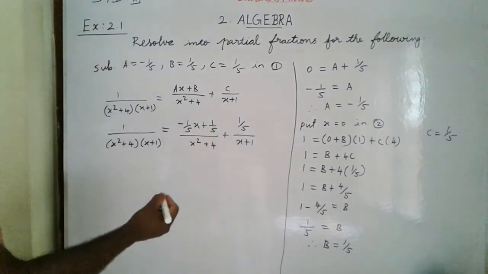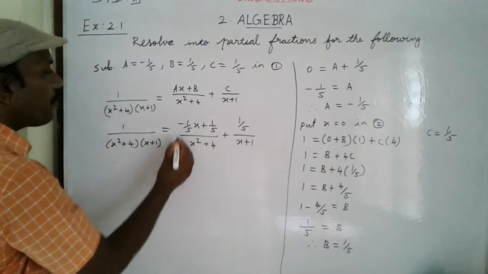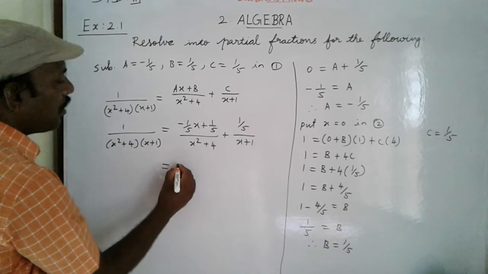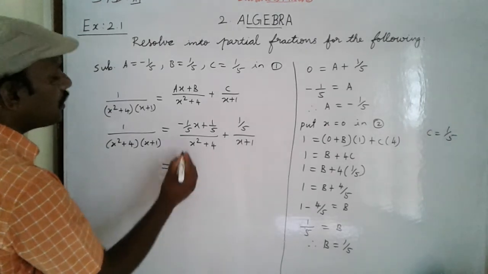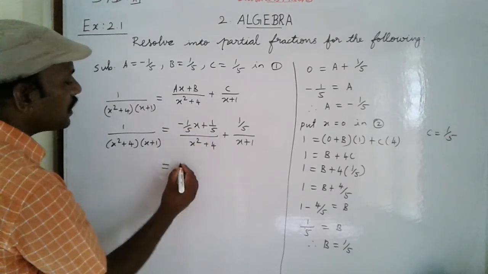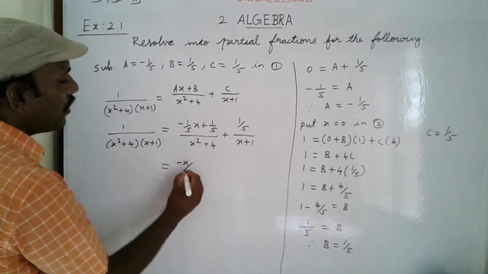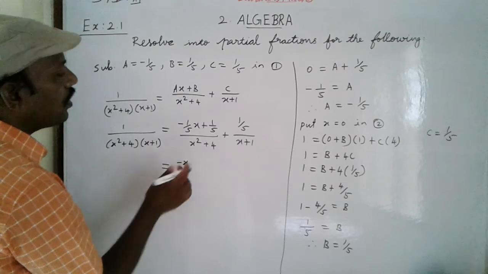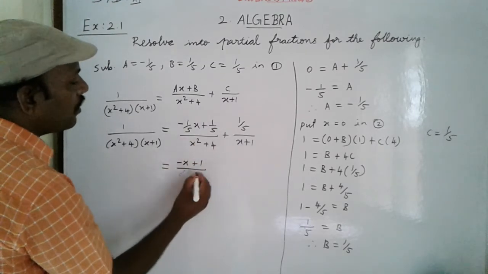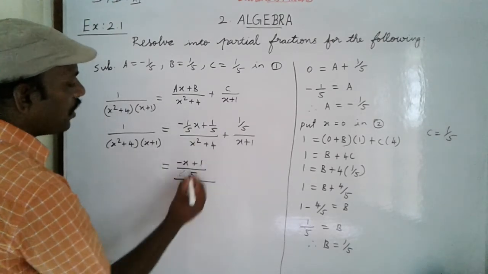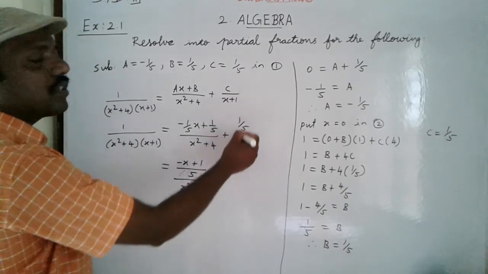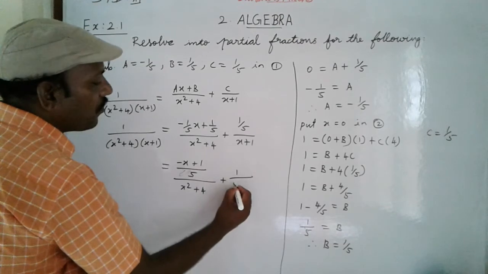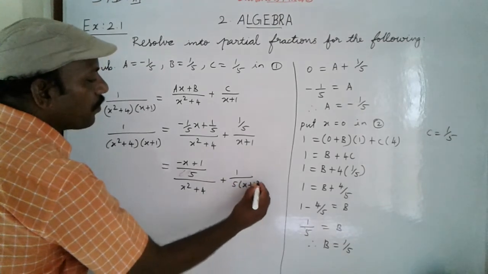Now 5 is the LCM, so taking 1 by 5 common: 1 into minus 1 into x is minus x, plus 1, whole divided by 5, divided by (x square plus 4), plus, taking 5 down, 1 divided by 5 into (x plus 1).